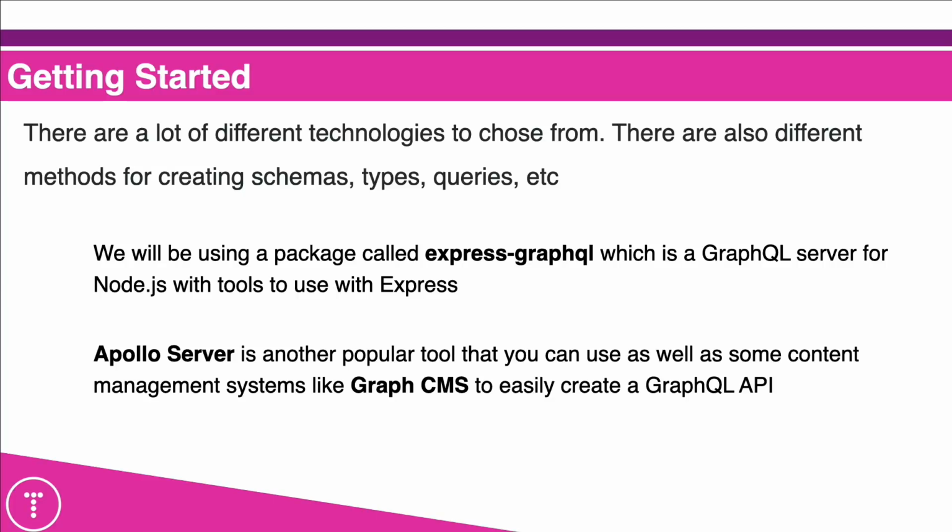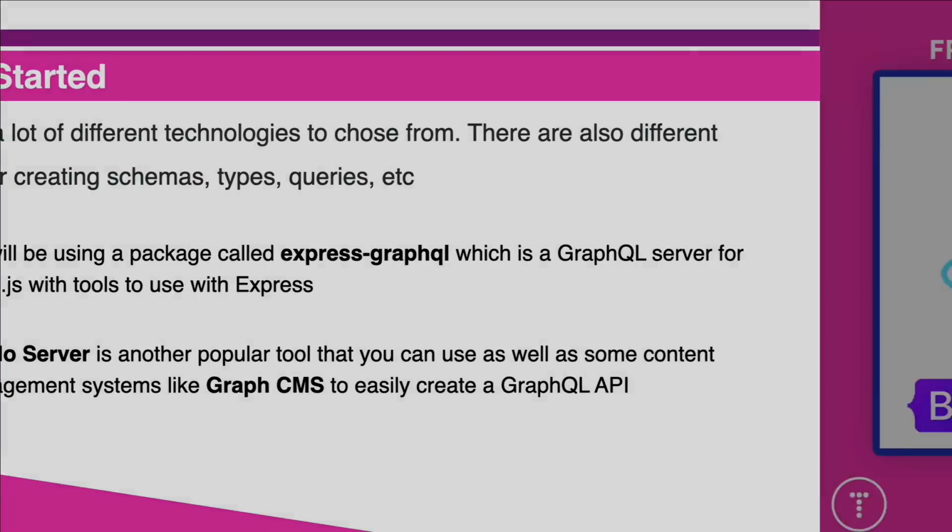And then there's even content management systems such as GraphCMS that will allow you to create a GraphQL API. So they're kind of like Sanity.io or Strapi, but instead of a REST API, they give you a GraphQL API. In fact, Strapi can also do GraphQL as well. A lot of them can.